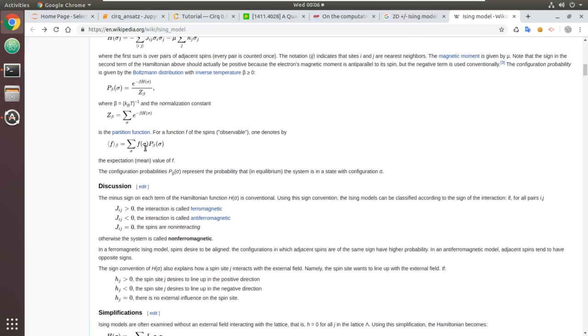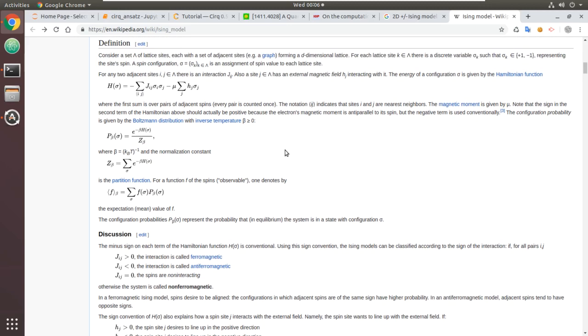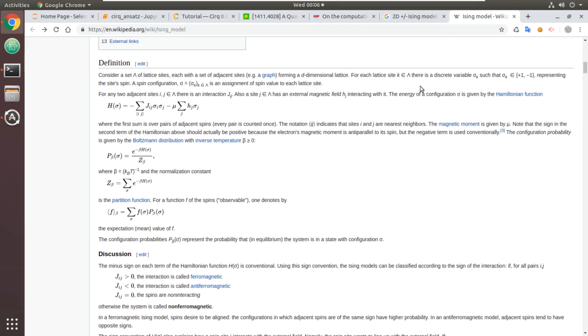Is it the state or what is it? The configuration probability is the probability that the system is in a state with configuration. No, those are the plus and minuses. Ah.